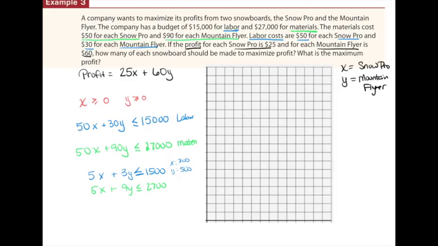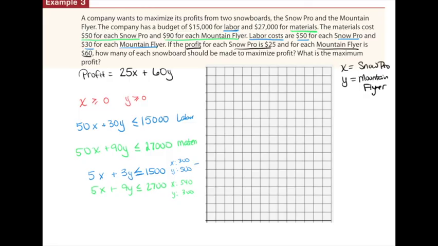When I do my intercepts for this next guy, my x-intercept is going to be 2700 divided by 5, which is like 540, right? And then my y-intercept is going to be 2700 divided by 9, which is 300. So I would do it in hundreds or 50s, personally. Every 2 would be 100 here for me if I were doing this.